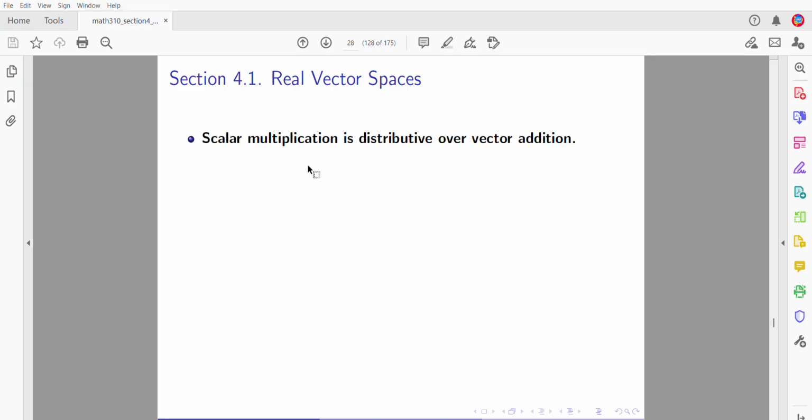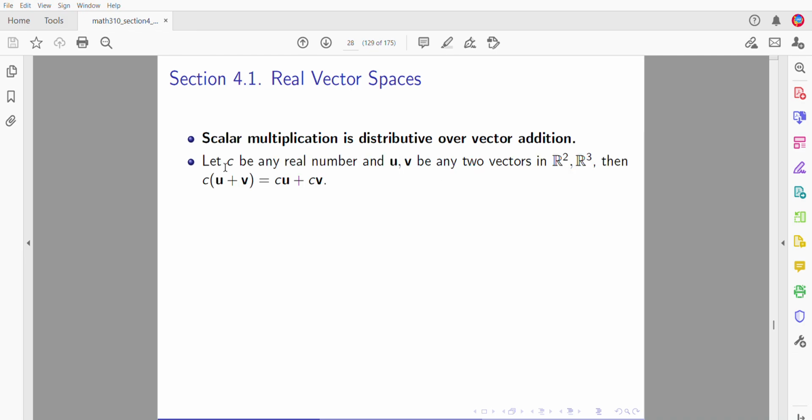Scalar multiplication is distributive over vector addition. Let C be any scalar, U, V be any two vectors either in R2 or R3, fix one size. Then scalar multiplication splits over addition. C of (U + V) is CU plus CV.